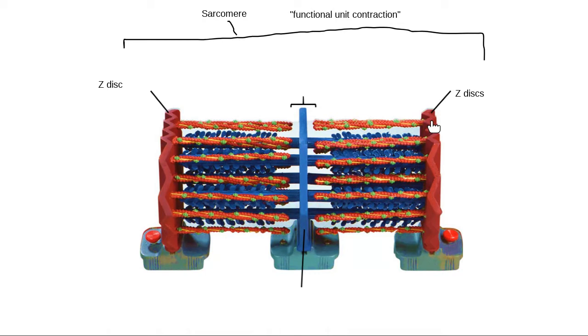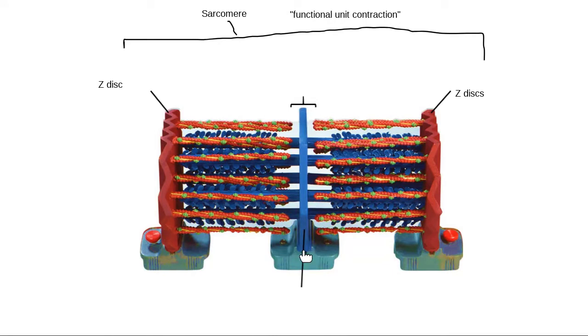When I'm doing muscle contraction, my zigzags get really close together. When I'm not doing muscle contraction, these zigzags spread really far apart. So in the process of muscle contraction, my two Z-discs get closer to one another. Specifically, they're getting closer and being pulled toward this blue thing that I see right here. This blue thing that I see right here is another group of proteins.